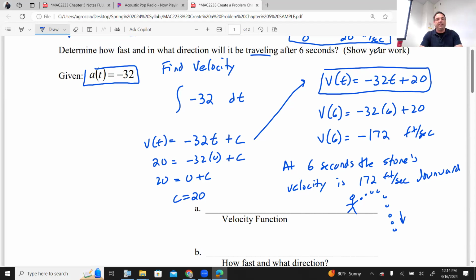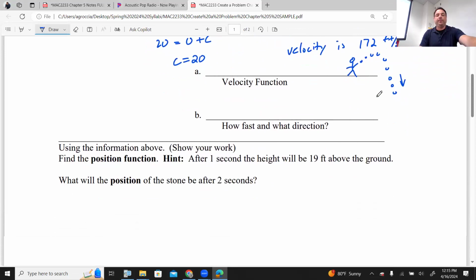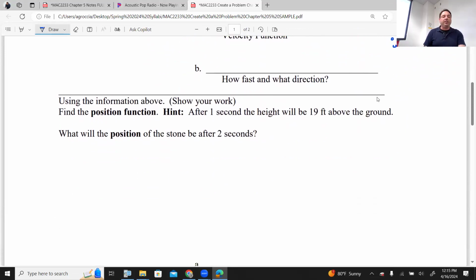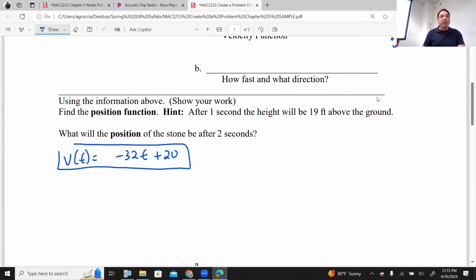Any questions on this? Now, we went from acceleration to velocity. The second part of this question, we're going to start with velocity. So velocity was -32t plus 20, and I want you to go backwards to position.